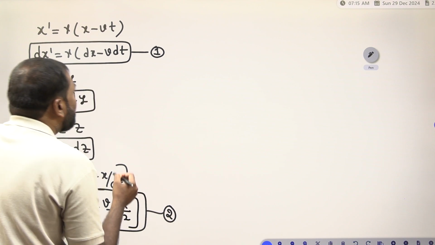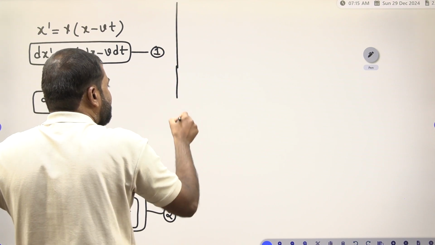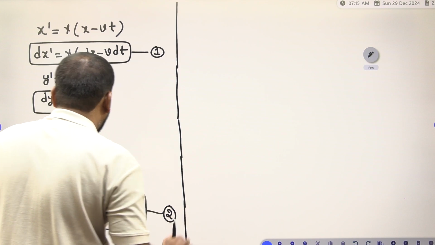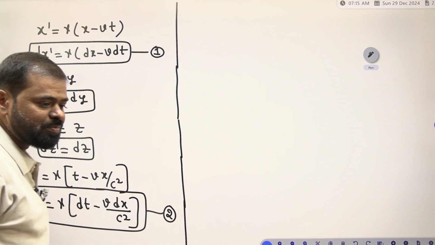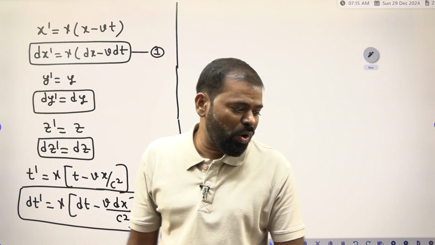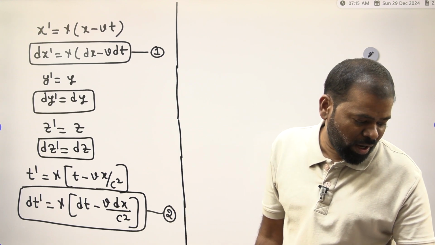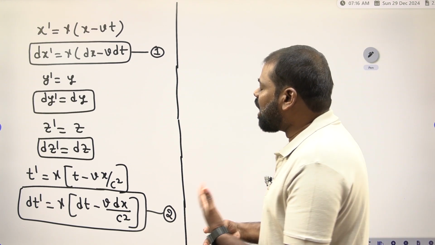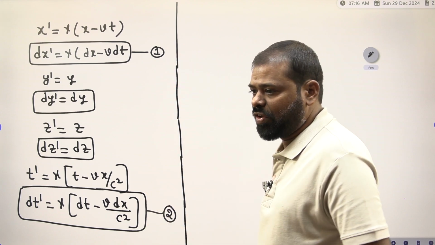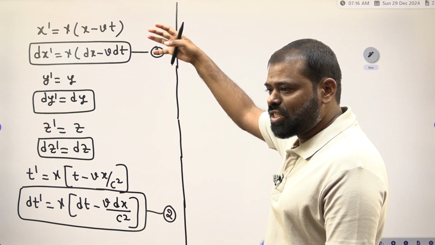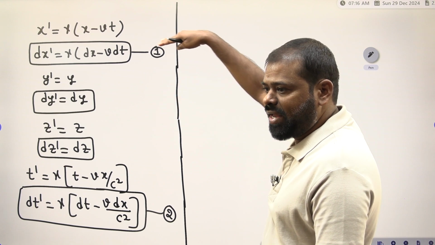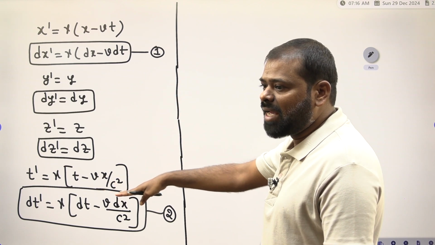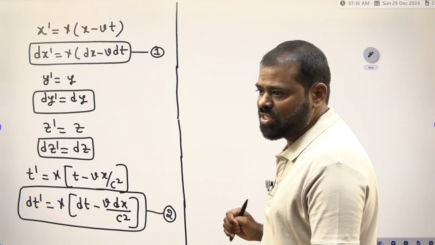According to the Lorentz transformations, the position coordinate is in equation number 1 and the time coordinate is in equation number 2.